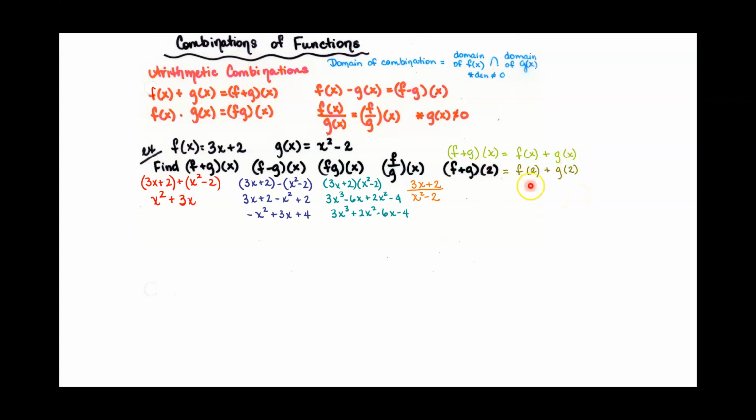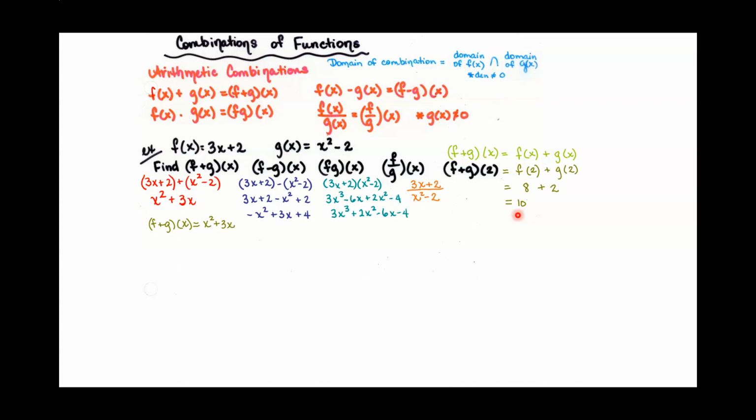So let's start with f of 2. What does f of 2 tell me to do? Well, it tells me to put 2 in the place of x in the f function. So we'll do 3 times 2 is 6, plus 2 is 8. And then g of 2, I'm going to put 2 in the place of x in the g function. So 2 squared is 4 minus 2 is 2, so 8 and 2 would give us 10.